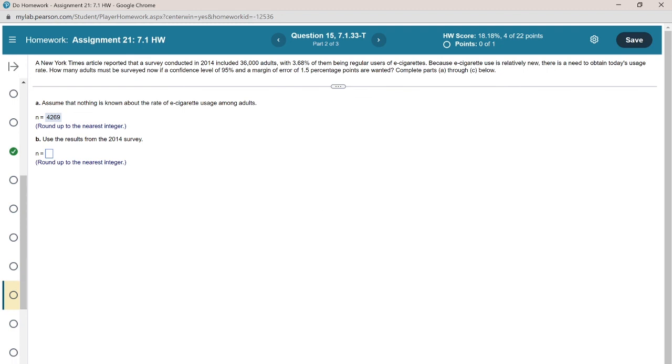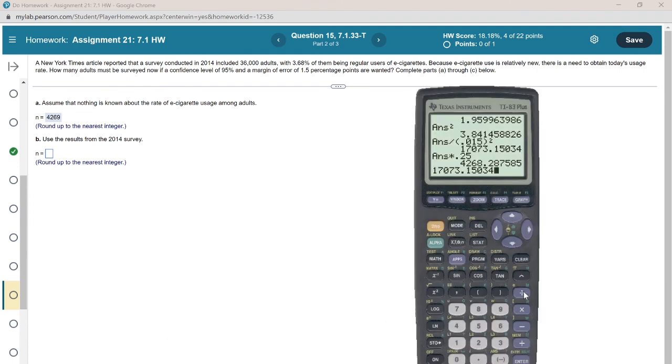So p hat is 3.68%, which is 0.0368, right? And then that's p hat, times 1 minus p hat, which gives you q hat, 0.9632. I can do this calculation outside, but I'm doing everything here at the same time.